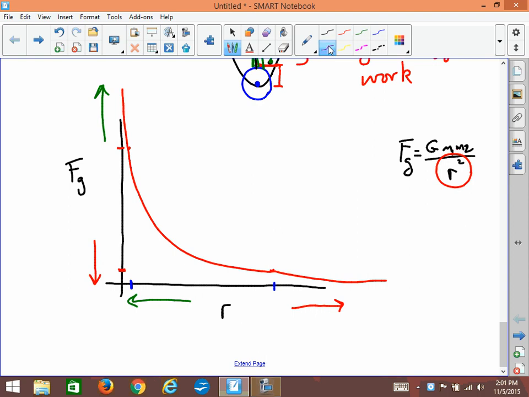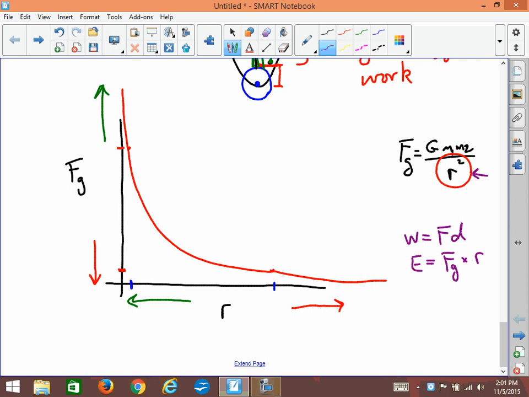Now remember that work equals force times distance, and work is energy. So the energy associated with gravity could be thought of as the force of gravity multiplied by the distance through which the gravity is working. And that happens to be the distance between the objects, same as this.